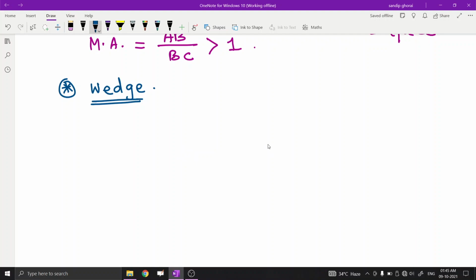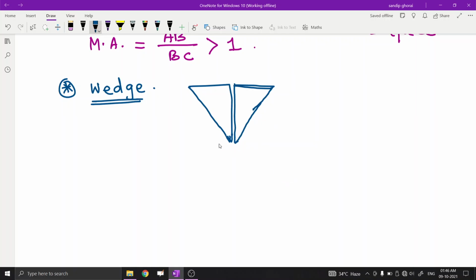A wedge is a double inclined plane such that the two sloping surfaces taper to form a sharp edge. In this case we take two inclined planes like that.